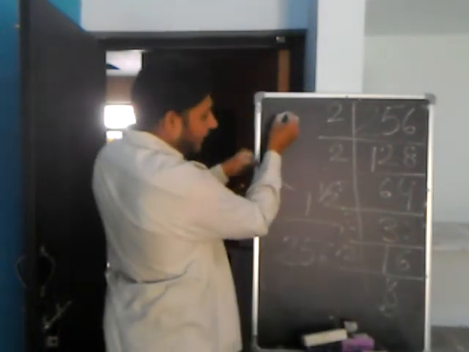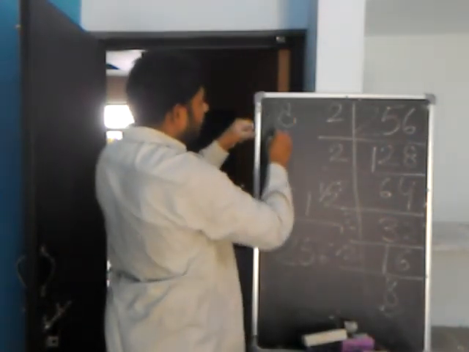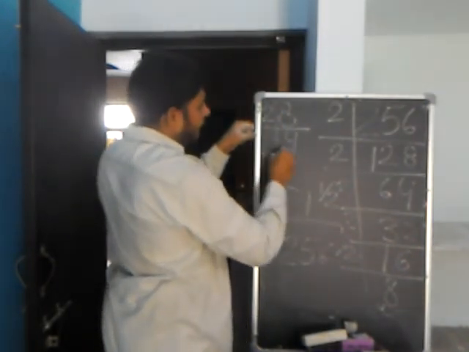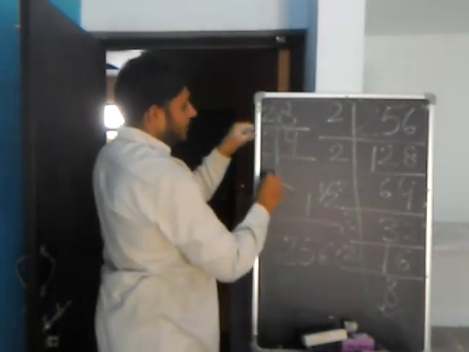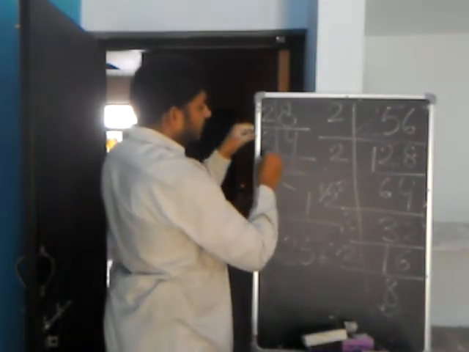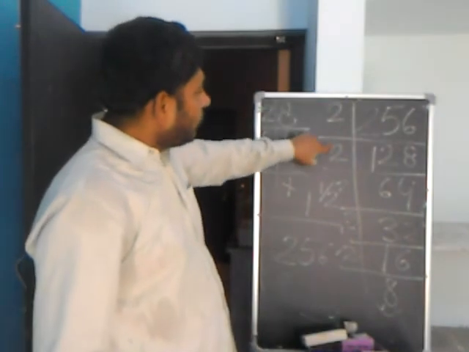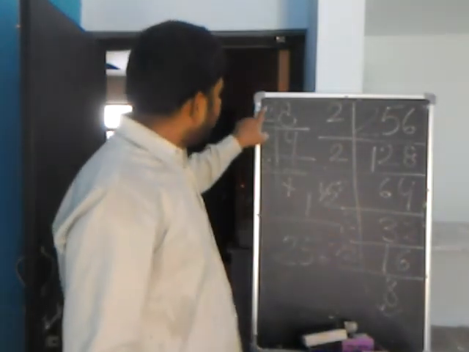Again divided by 2, I got 16. Again divided by 2, I got 8. Now 8 divided by 2, I got 4. 4 divided by 2, I got 2, and 2 divided by 2. So how many 2s do I have now? 1, 2, 3, 4, 5, 6, 7, 8.